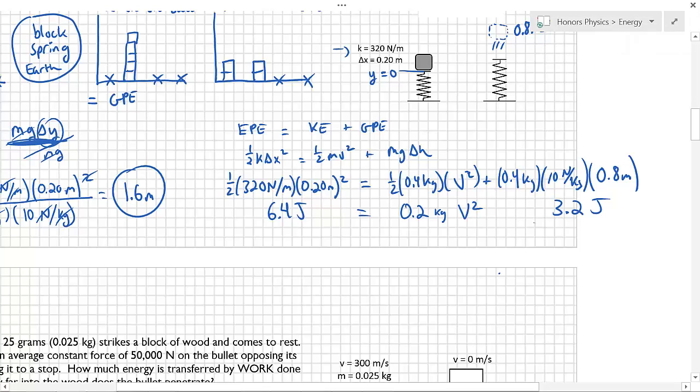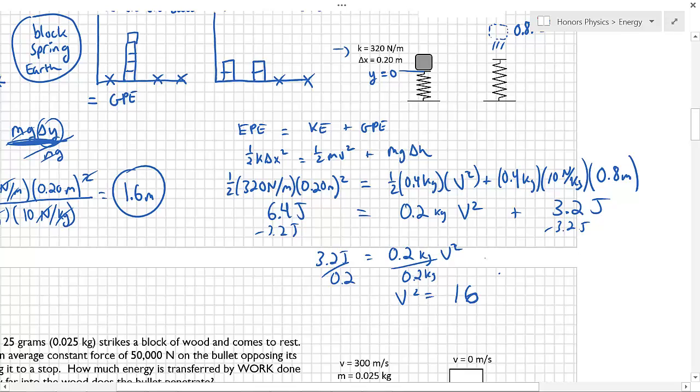So I rearrange this, this is plus, subtract 3.2 from both sides. I'm going to get 3.2 joules is equal to 0.2 kg v squared. When I divide both sides by kg, we're going to get our v squared is equal to 16.